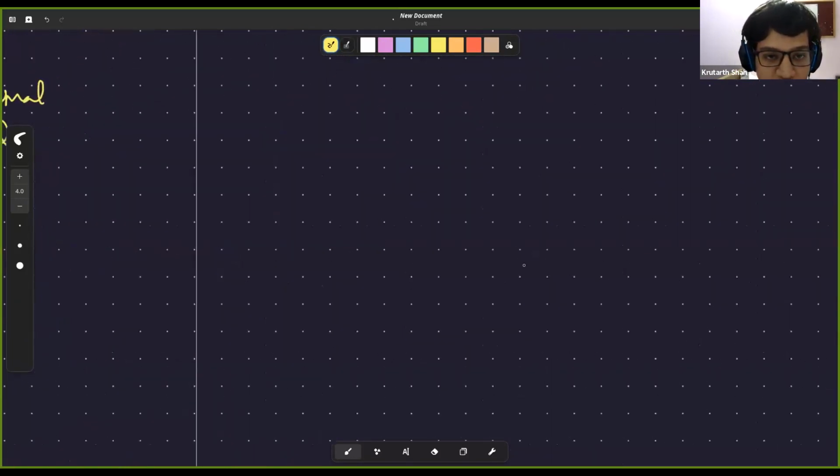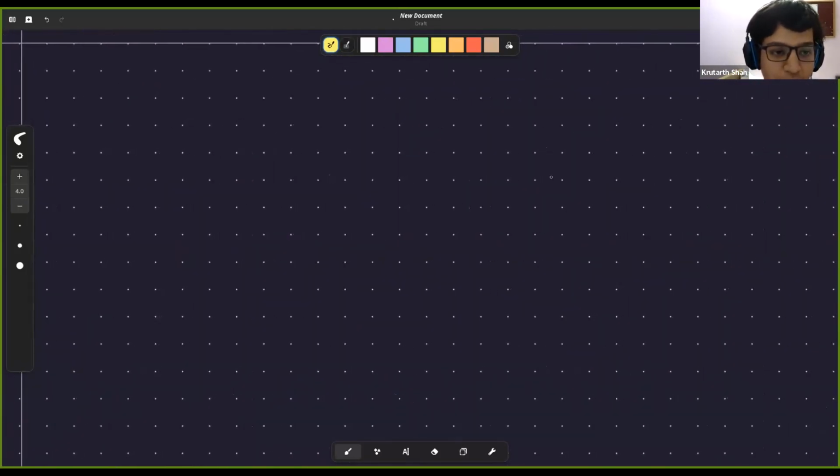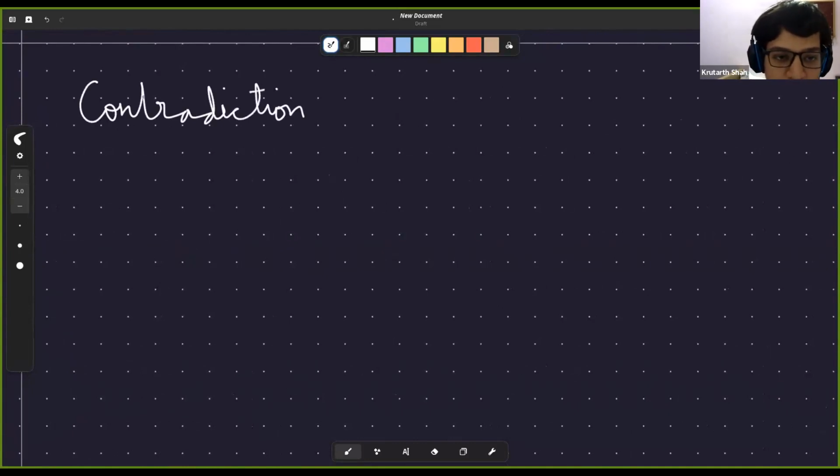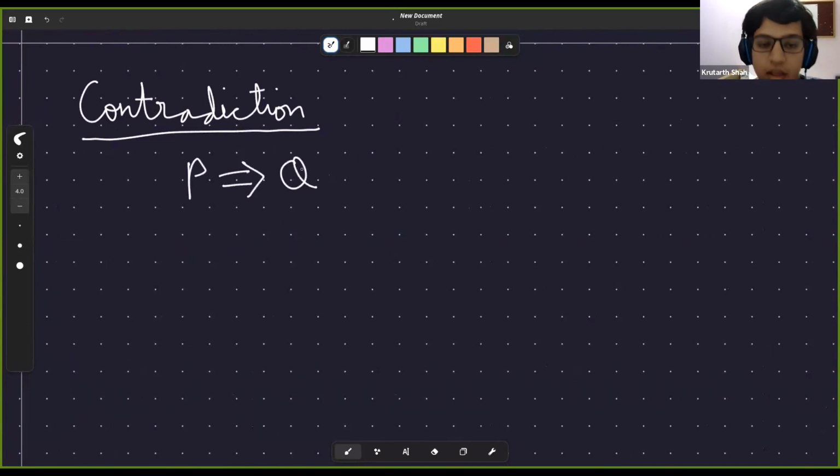So probably the most common proof technique used in Olympiad problems is the technique of contradiction, which you probably have seen a bunch of times already, but I'll still say how it works. So let's say you want to show something like P implies Q, right?